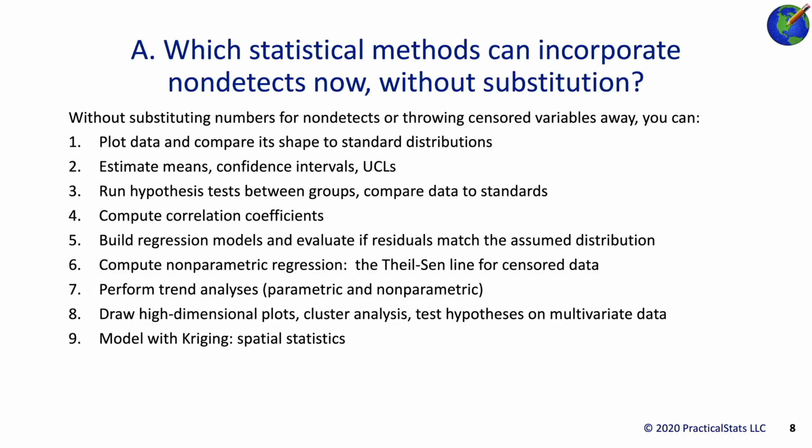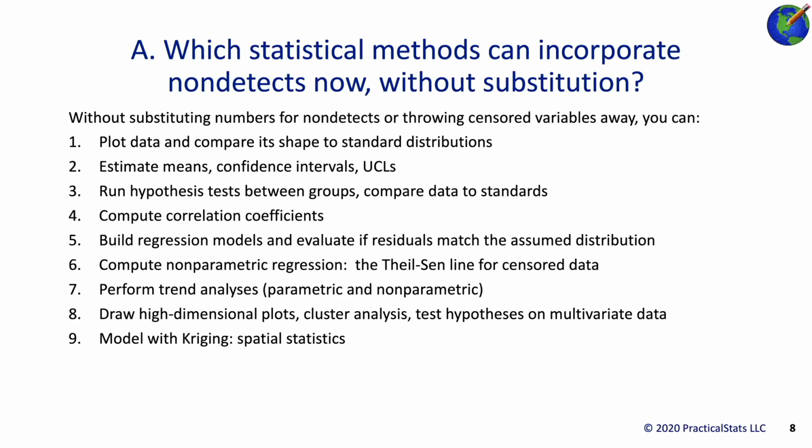So the rest of this webinar is about what else you can do. And I've just listed the things I'm going to talk about. I'm obviously not going to spend a lot of time on each one, but you can plot data and compare the shape of that data to standard distributions like a normal distribution, lognormal, gamma. You can estimate means, confidence intervals, UCL95s or other ends of confidence intervals.